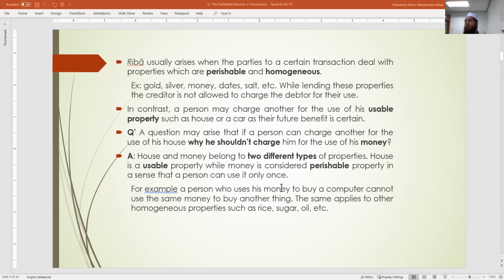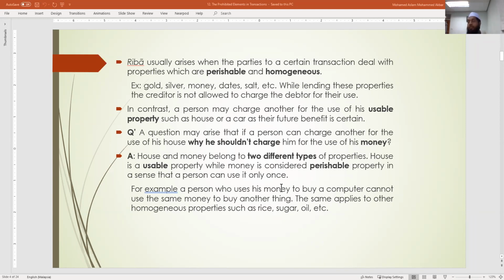Then I say after 1 week, you pay me 100 ringgit. This is what we call renting. But taking that 100 ringgit from you will not become riba. Why? Because you are getting the usufruct of the product that I gave you, and then you are going to return the same thing to me.